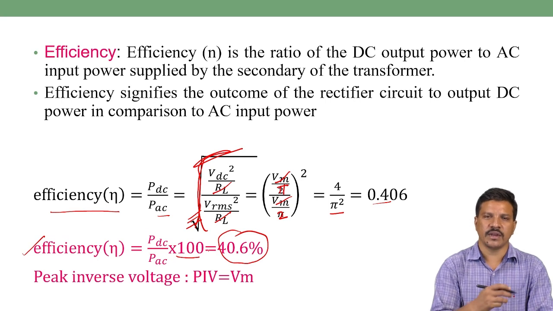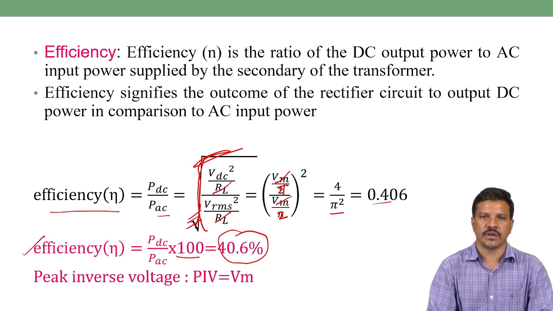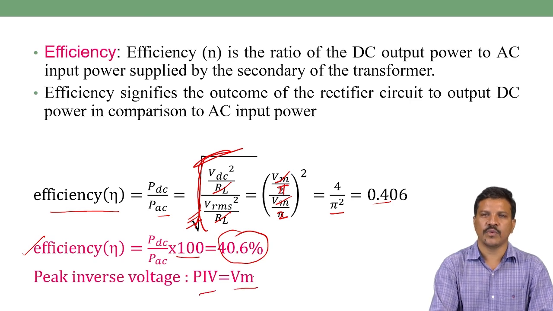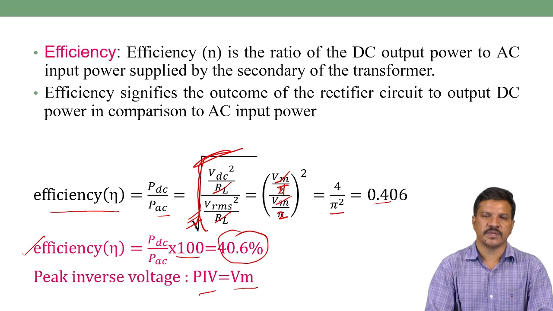When we go on increasing the negative half cycle, a large negative voltage is given to the diode, so it will go to breakdown voltage and then the diode gets damaged. So the maximum extent of the reverse voltage is represented by the peak inverse voltage, which is equal to Vm. That value of Vm is given in the specification sheet.